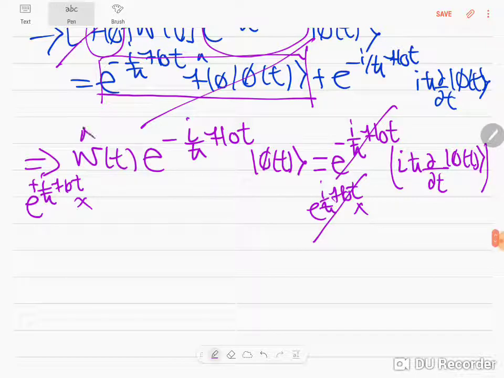Here they don't cancel because in general W(t) doesn't commute with H0.